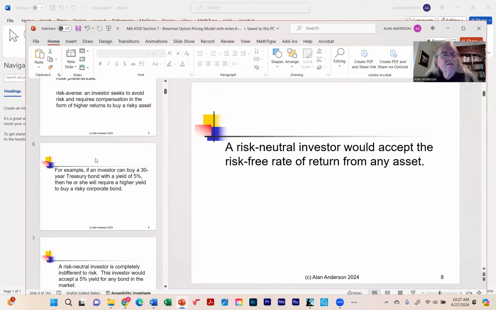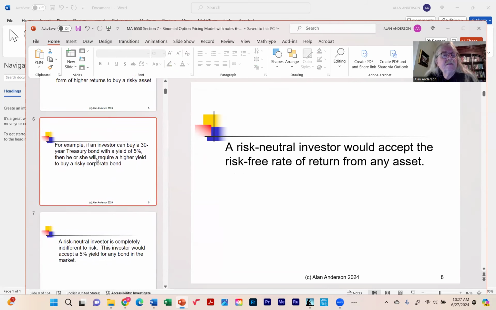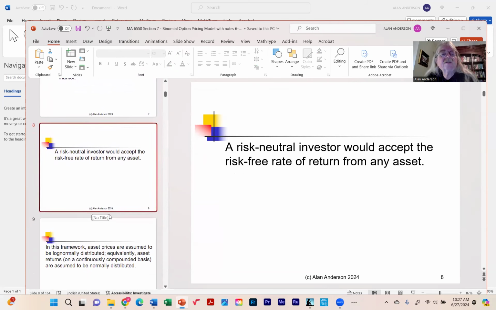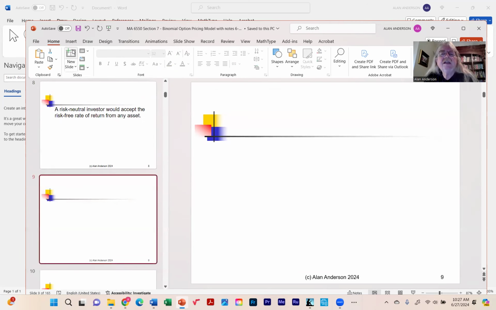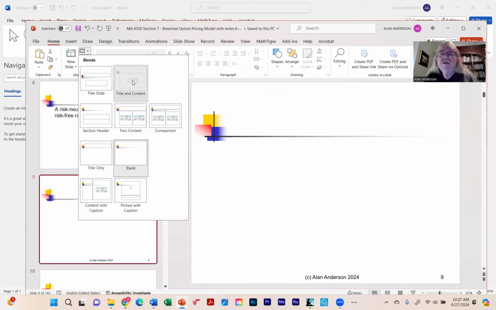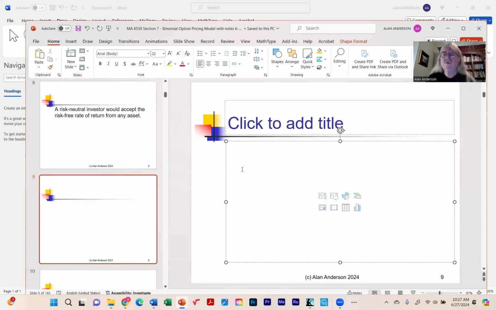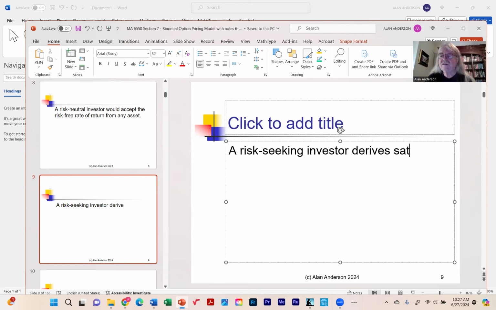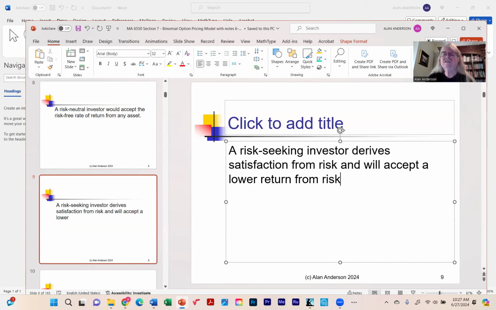And then the third possibility is we call it risk seeking. Again, these are theoretical results. We're not saying that anybody falls into one of these categories. A risk seeking investor derives satisfaction from risk and will actually accept a lower return from risky assets than risk-free assets.